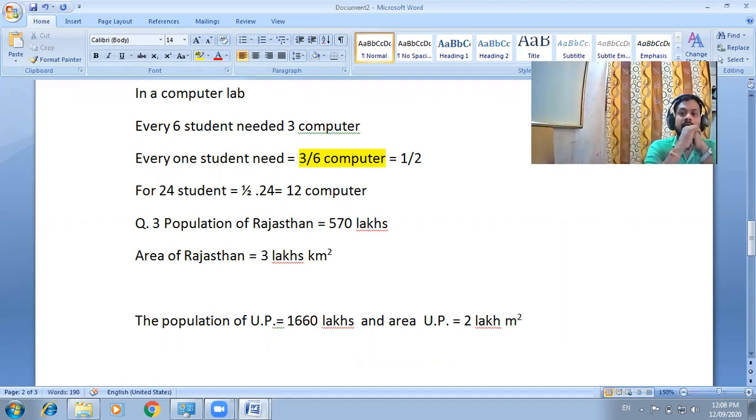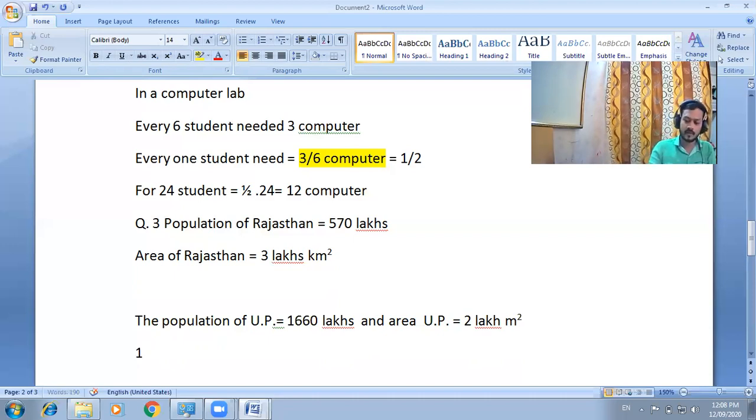In our previous questions we have already studied firstly converting the computers for every student. Similarly we can find the number of persons in every per square area. So population of Rajasthan and area of Rajasthan, population of UP and area of UP are given.